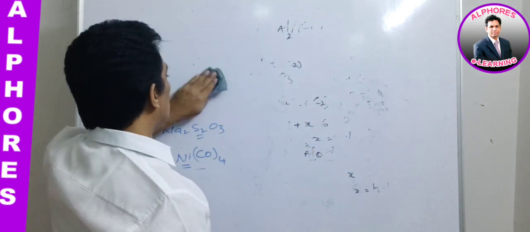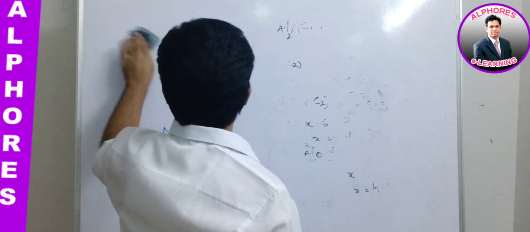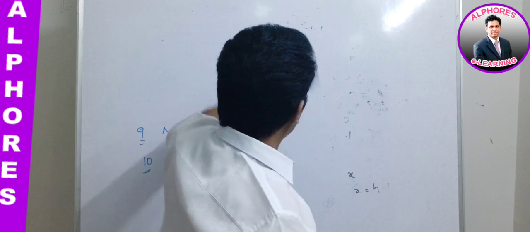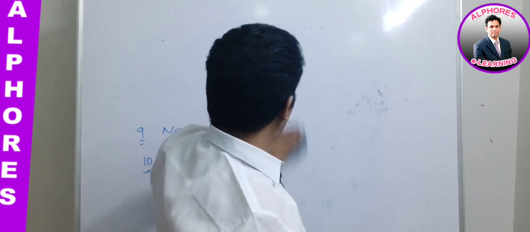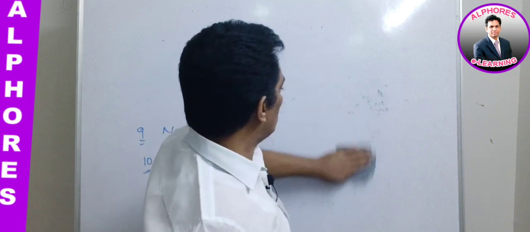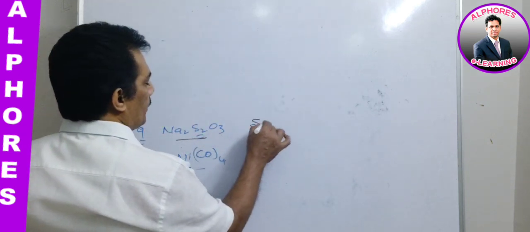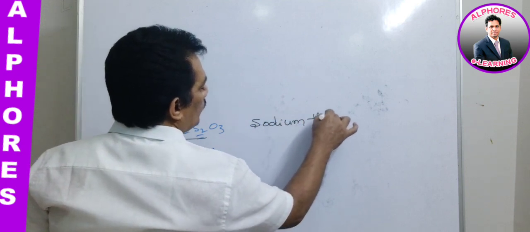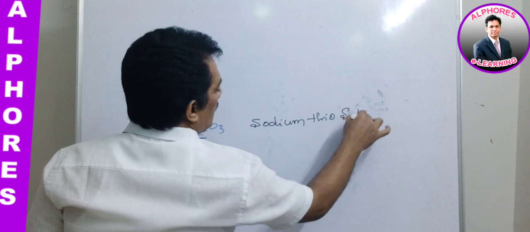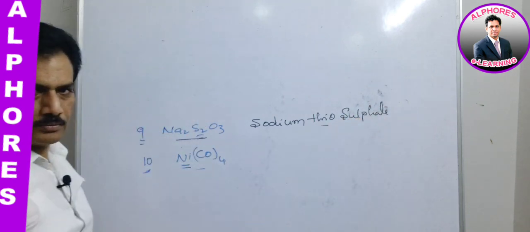Behaving like oxygen means oxygen has -2 oxidation state, and here also one sulfur has -2 oxidation state. Let me give the name of that compound also. It is sodium thiosulfate. Thio means sulfur, sulfur in place of oxygen.